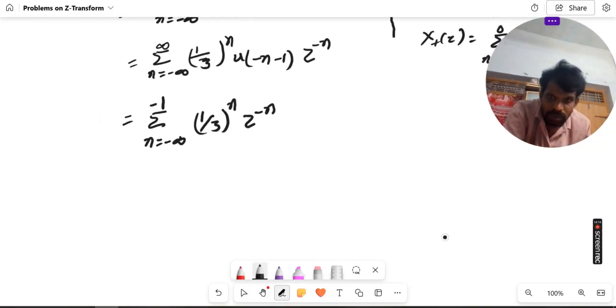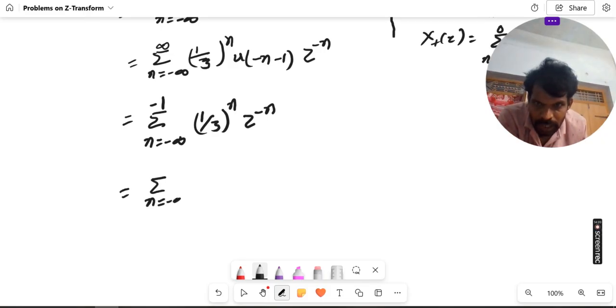This is also in terms of alpha power n, that is summation n is equal to minus infinity to minus 1 of (1/3 into z to the power of minus 1) whole to the power of n.